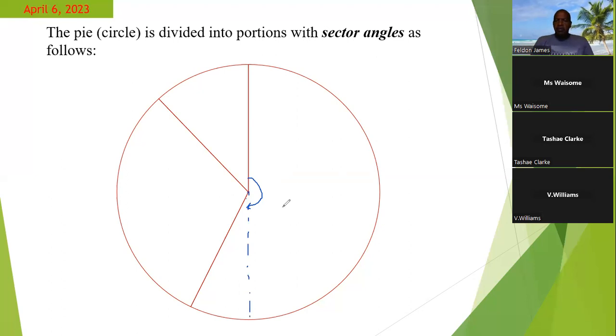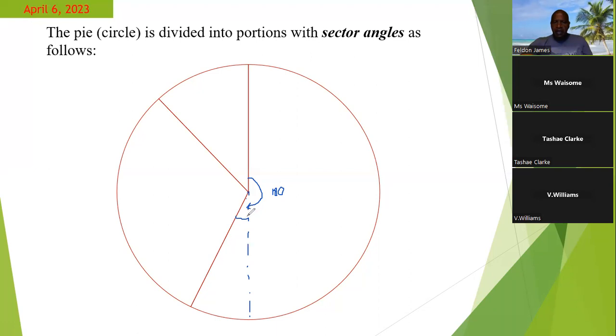Ms. Clark, if you have 180 already, how much more do you need to get to 206 degrees? Sir, is it 20? No, 26? If you take away 180 from 206, how much is left? 26. All right, 26. So it means that for this little portion here, you have to measure an angle of 26 to get this angle.